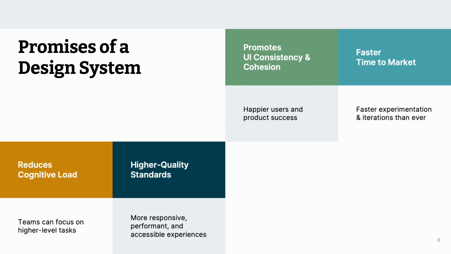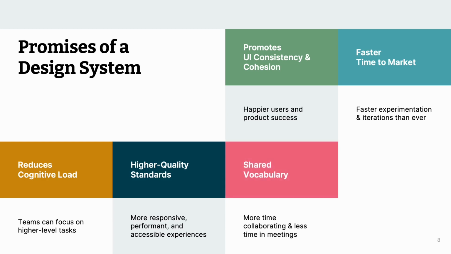Design systems also generally come with higher quality standards because there is more time for thinking about cross-functional requirements such as accessibility, performance, and also making sure perhaps that these components are responsive across different devices. It creates a shared vocabulary in your organization.